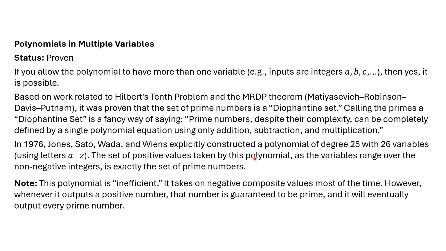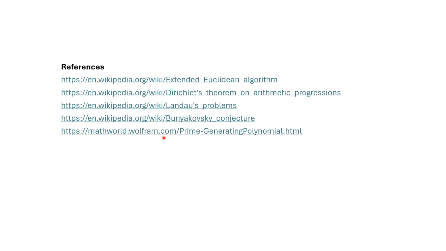Okay, so that's my summary of functions and their ability to generate prime numbers, or an infinite number of primes, or all primes. I have a few references on the next slide, and then I'll conclude this lesson. I'll put these references in the information to the video so you can click on them. You don't need to copy these down, but I just want to mention, I talked about the extended Euclidean algorithm.